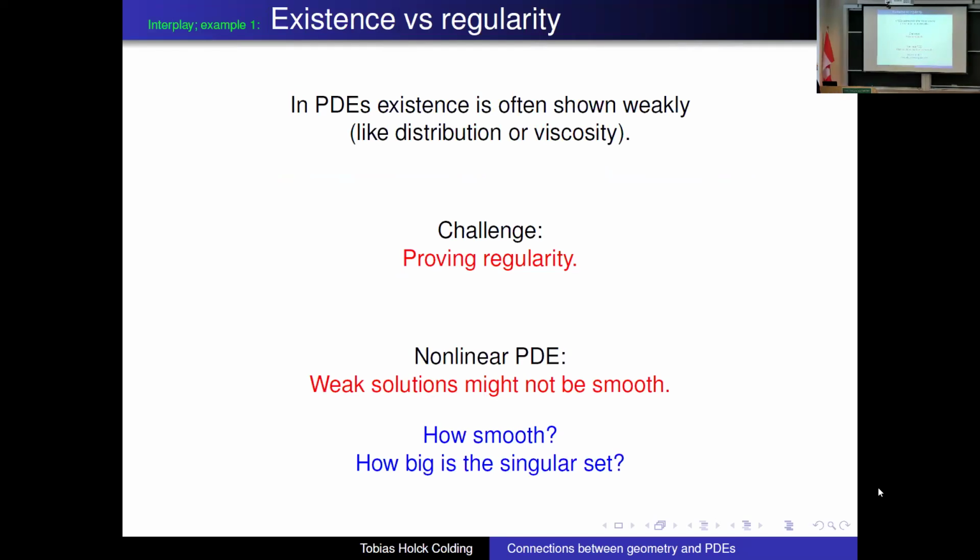These are very general techniques that give existence of solutions, but with very little information about the solutions. The challenge is then to prove regularity. Another challenge is that the natural PDEs are nonlinear, and this means that weak solutions might not be smooth. When that happens, the question is how smooth the solutions are and how big the singular set is.